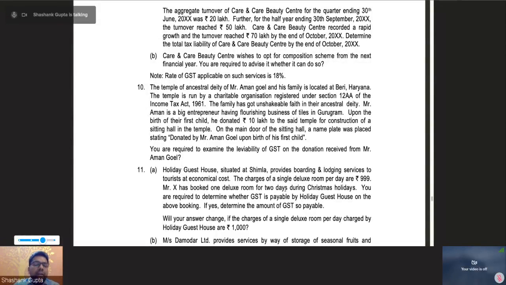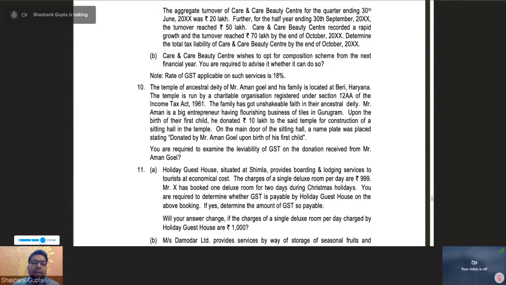So it was clarified that if this donation is to a charitable institution and simply pro bono, that is ex gratia, with no intention for any advertisement, no mention of business, and the donation has been done in personal capacity, then there will be no applicability of GST. This will be treated as a simple donation to a charitable institution and hence exempt, not liable to GST.